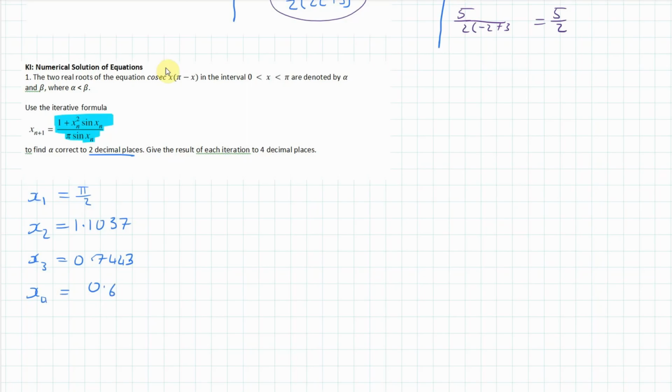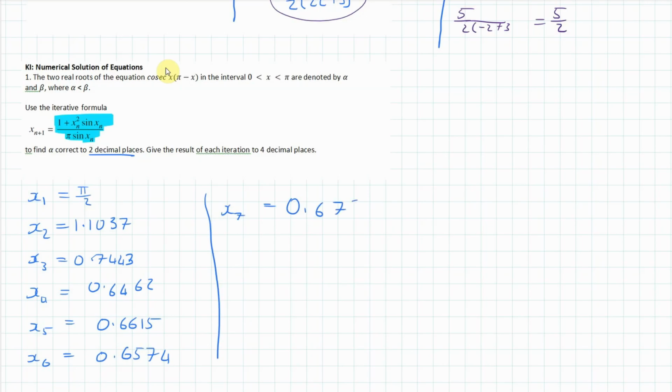I'm getting 0.6462. I'm going to go x5, 0.6615, x6, and I get 0.6574, x7, and I get 0.6785, then I get x8.